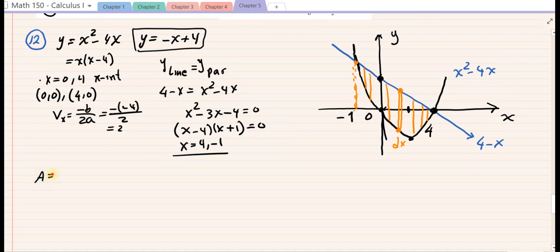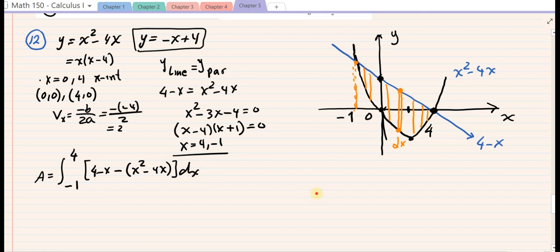Therefore, the area is going to be the integral. And over the entire interval from negative 1 to 4 on the x-axis, the line lies above the parabola. So we don't need to make any adjustments. I'm just going to go equation of the line minus the equation of the parabola, x squared minus 4x, dx.